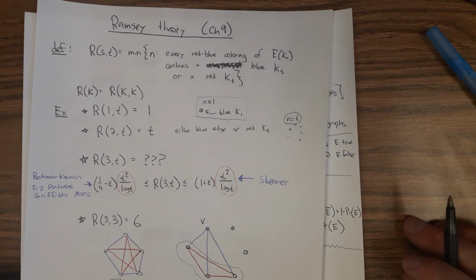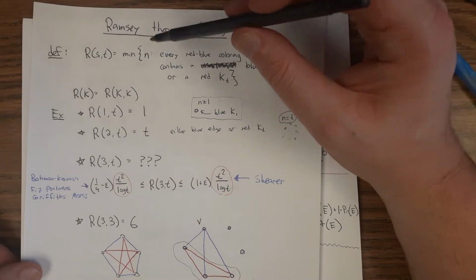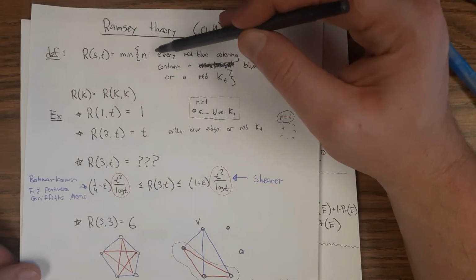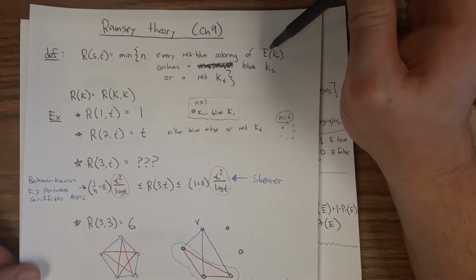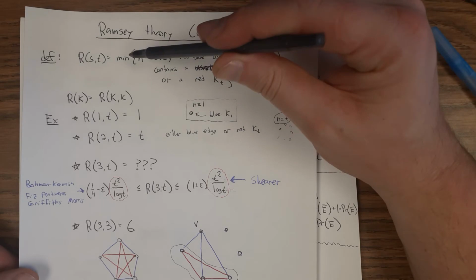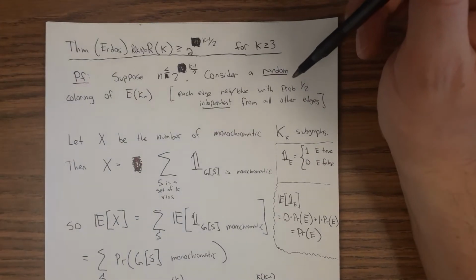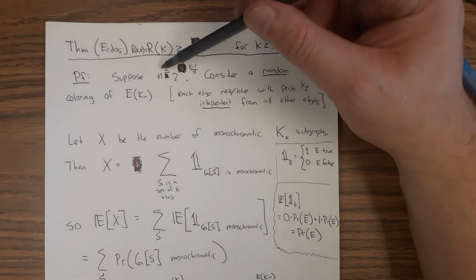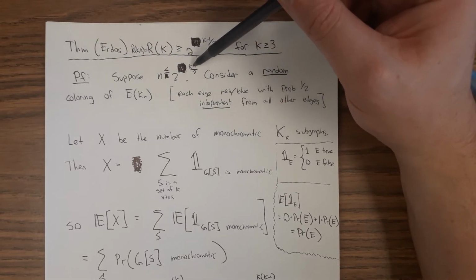So what I have to do to show a lower bound is to show for some value of n that it does not satisfy this property, and that's a lower bound on R of s,t. So suppose n is less than or equal to this.